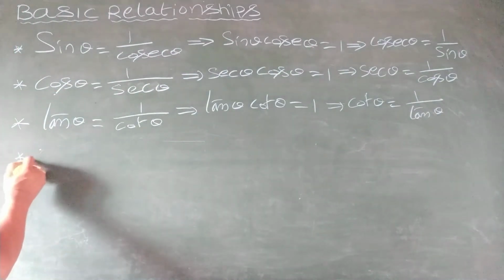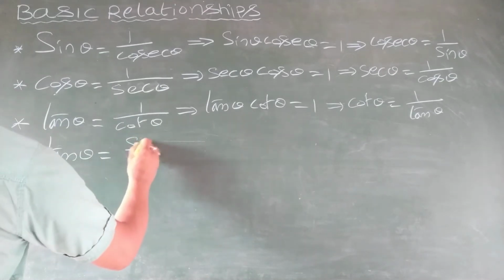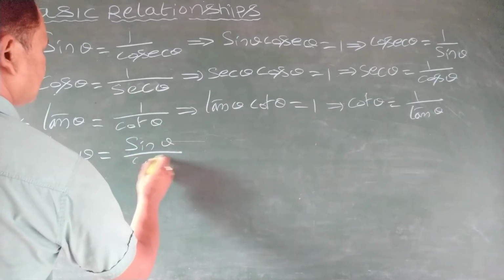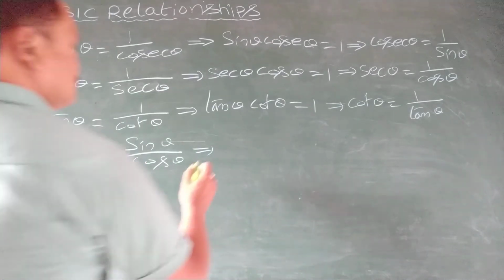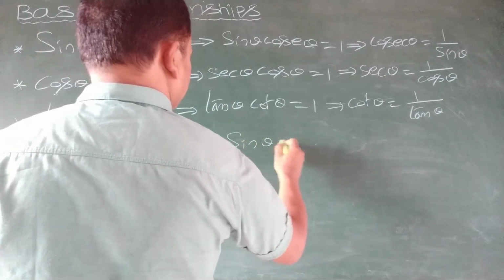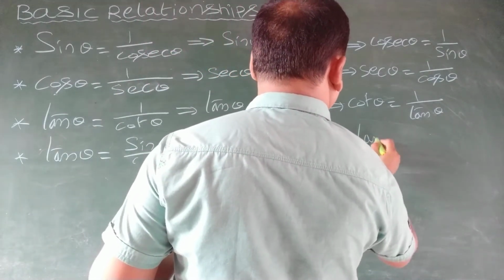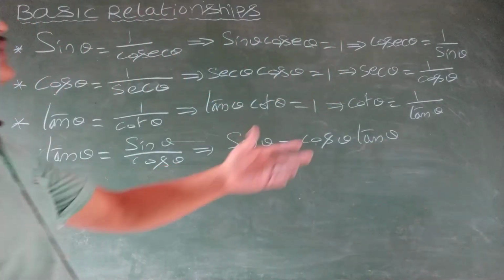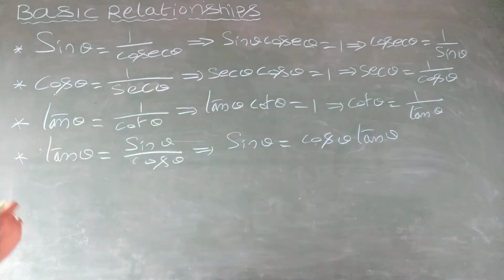Also tan theta is equal to sin theta by cos theta. From this we multiply, so sin theta is equal to cos theta into tan theta. This is the formula for sin theta.